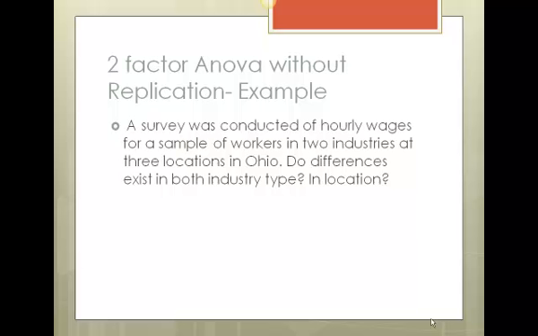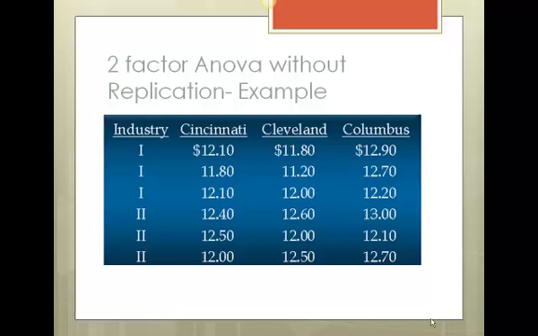So now you're not only looking at which industry they're in, but you're also looking at where they are in Ohio. So now we have multiple factors, industry and location. So here's our data. We have 2 different industries, 1 or 2, and 3 different locations, Cincinnati, Cleveland, and Columbus. And here is our data.